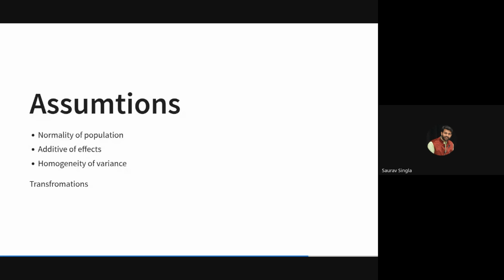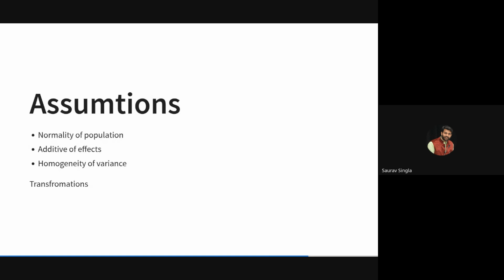Then the last word I have written in the slide is transformations. Transformations means what? If these assumptions are not met in real life data, what then do you have to do? In that scenario, we will transform our complete data.